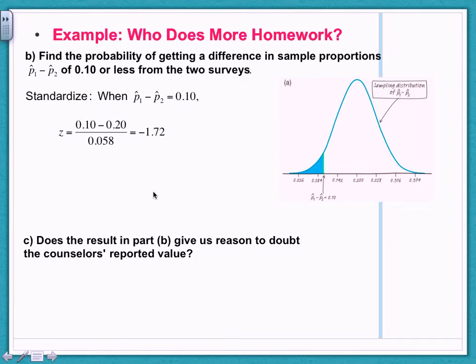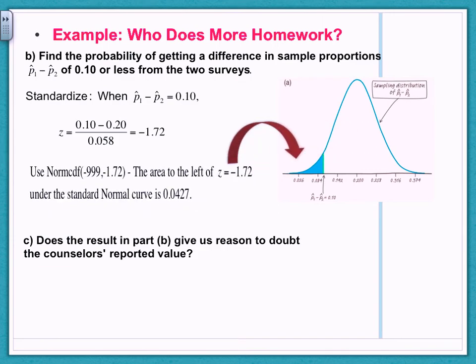Our z, or test statistic, is found by taking our sample 0.10 minus the center 0.20 over our standard deviation, which was found by that new formula using the two variances, and I get a z-score of negative 1.72. Using that z-score and normalcdf, I find that the area under the curve, or the probability, is 0.0427.